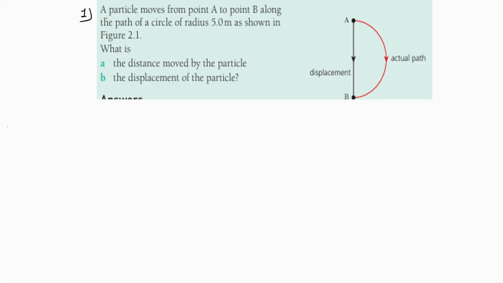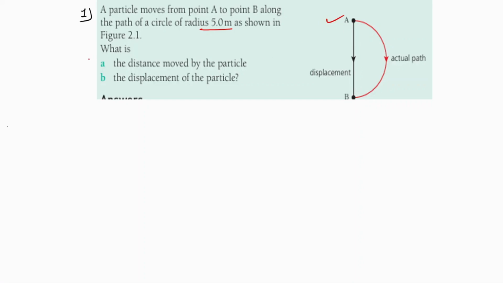Question number one says a particle moves from point A to B along the path of a circle of radius 5 meter, as shown in figure 2.1. Here we have the figure: a particle moves from A to B on this way, the actual path.